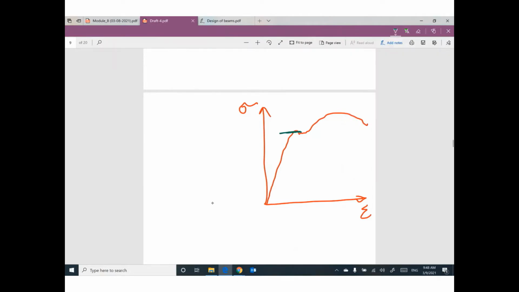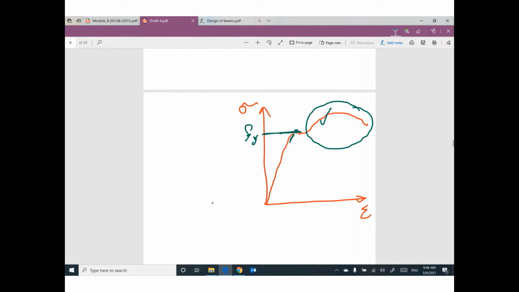At this location, we have yielding. If you reach yielding, that's fine, we don't have an issue, but we don't like plastic behavior because if you go after yielding, you can expect permanent deformation.